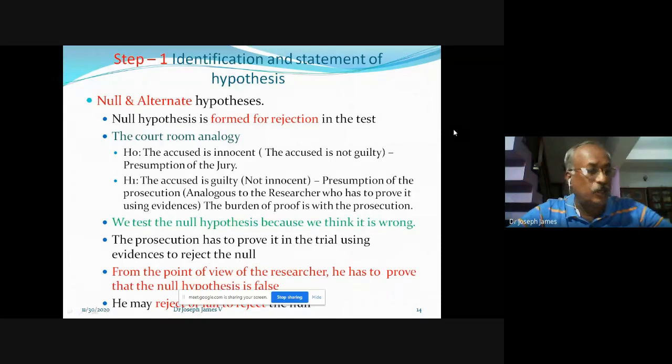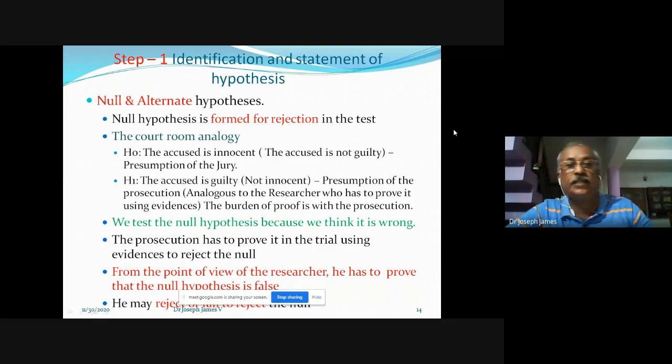On the basis of this scientific formation, we want to reject it. And if we could not reject it, we have to make further inquiry and gather further evidence for the purpose of rejecting the null hypothesis.